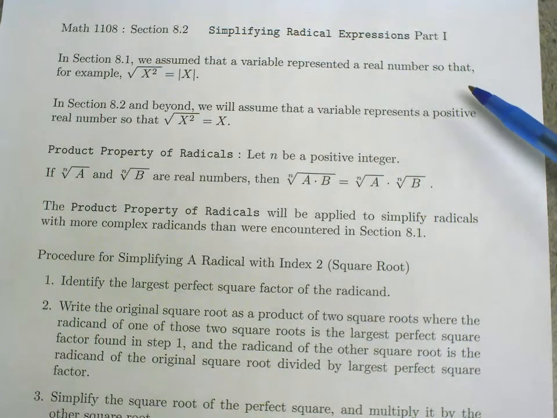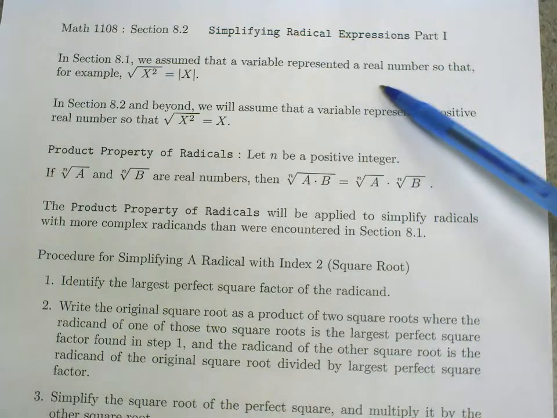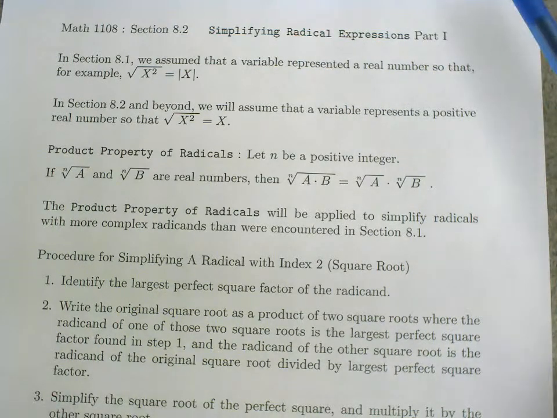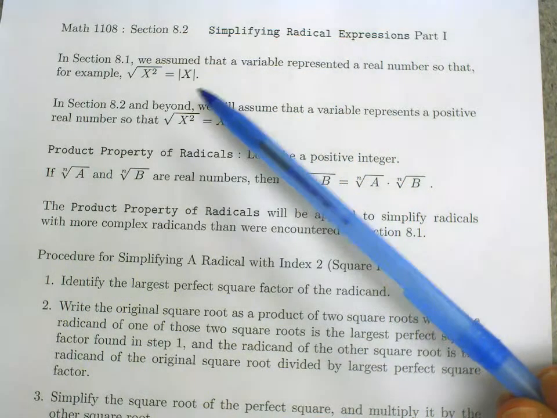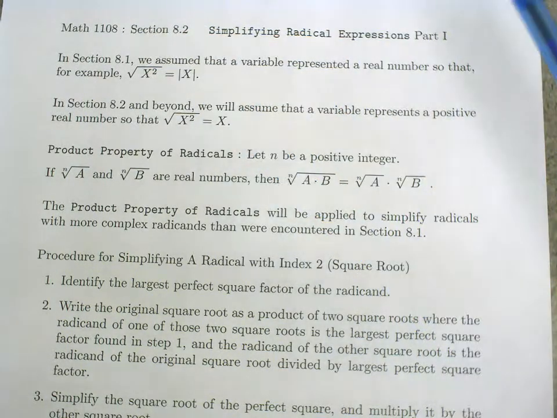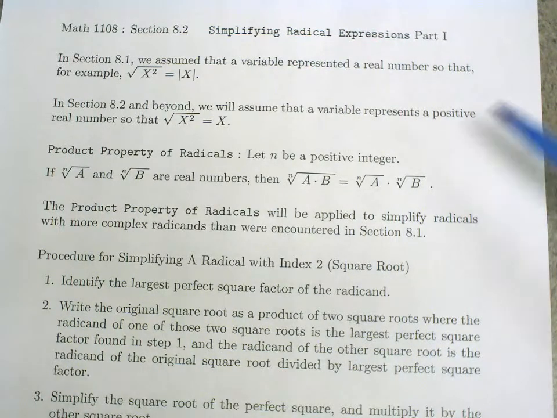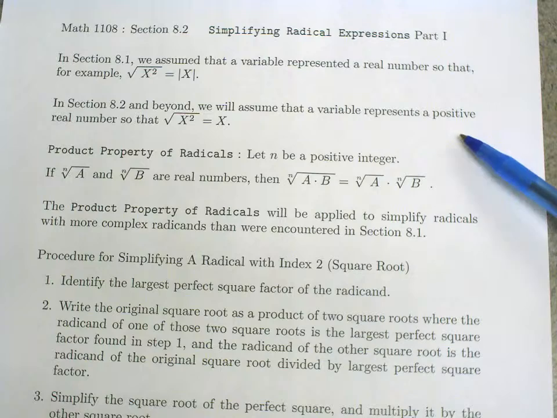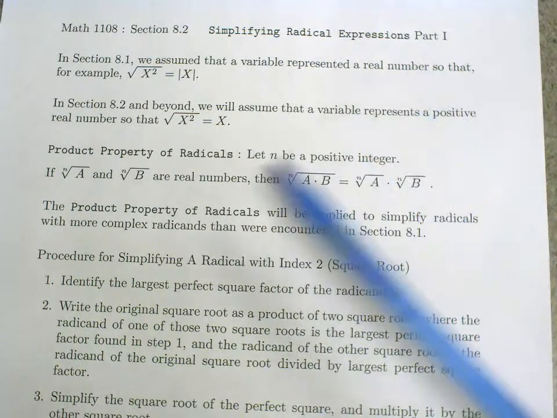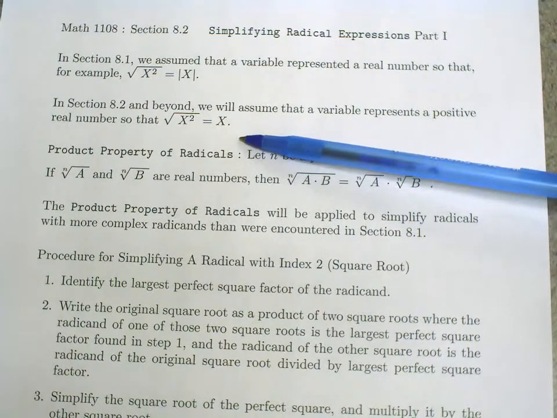In section 8.1, we assumed that a variable represented a real number so that, for example, the square root of x to the second equals the absolute value of x. In section 8.2 and beyond, we will assume that a variable represents a positive real number so that the absolute value symbols won't be necessary when computing things like the square root of x to the second.